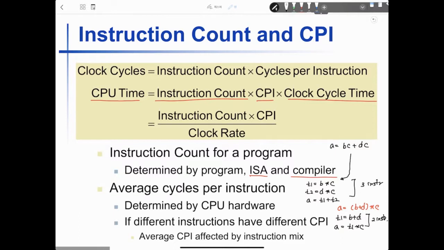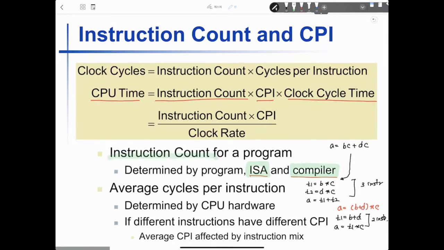So even for the same instruction set architecture, depending on what kind of code is generated by the compiler, the number of instructions is different. So the instruction count depends on the compiler techniques. It totally depends on the compiler and what kind of instructions are available for the compiler to utilize.